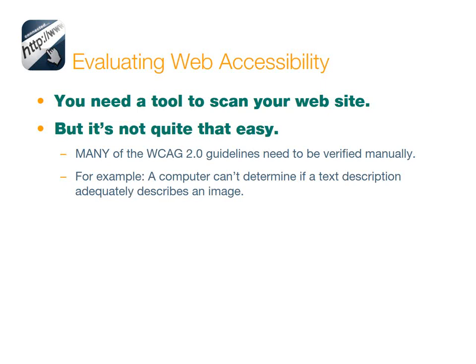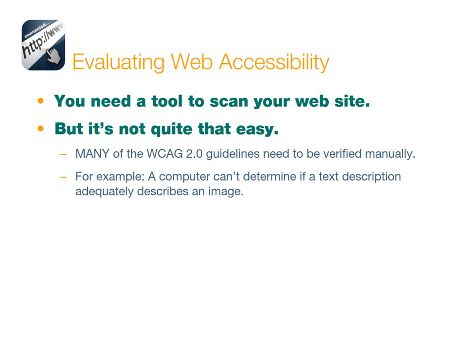So you need a tool to scan the site, but it's not that easy because even these automated tools, which again was one of the judge's recommendations, as you remember, they're really good, but many of the guidelines need to be verified manually. So an example, and one that we talked about, was these alt tags on these images. We talked about how somebody that might be blind or has a visual impairment might not be able to see an image.